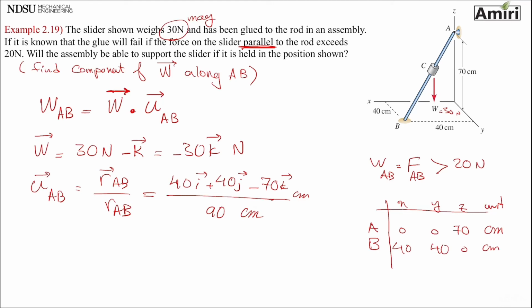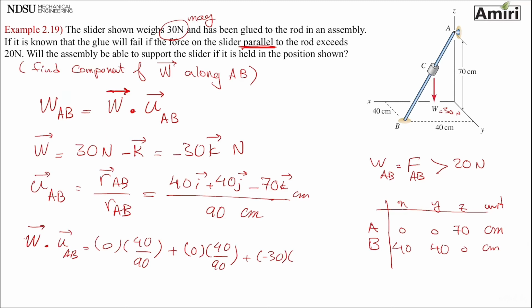Last step is to do dot product. So dot product of these two, AB. I goes to I, so 0, 40 over 90, plus J is also 0, another 40 over 90, and then K is minus 30, the other one is minus 70 over 90.